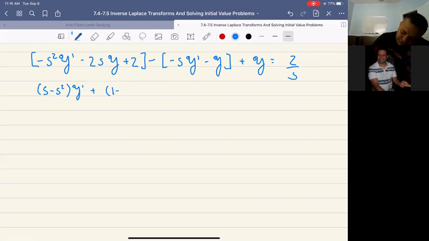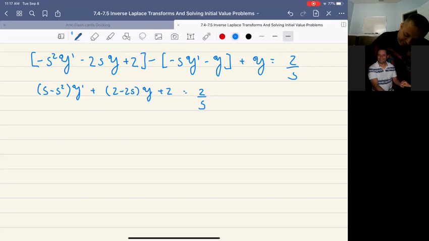No, this 2s is there, so I'm sorry. There we go. These two add together: 2 minus 2s y, plus 2 equals 2 over s.